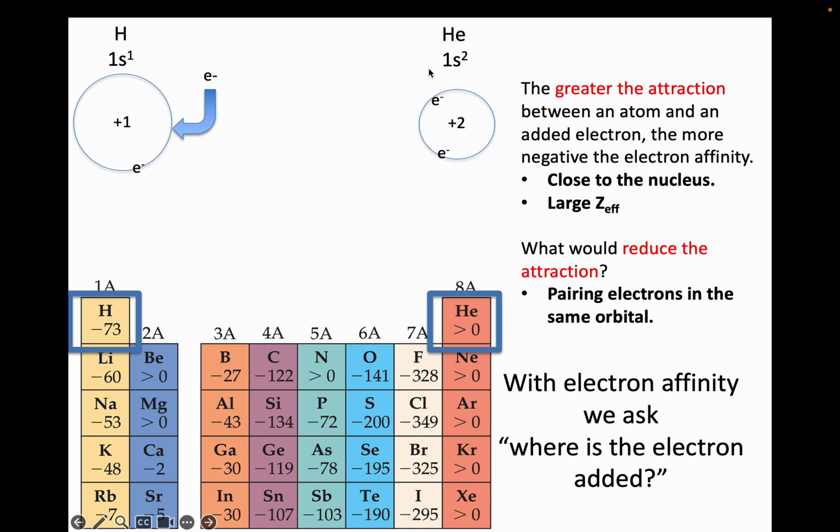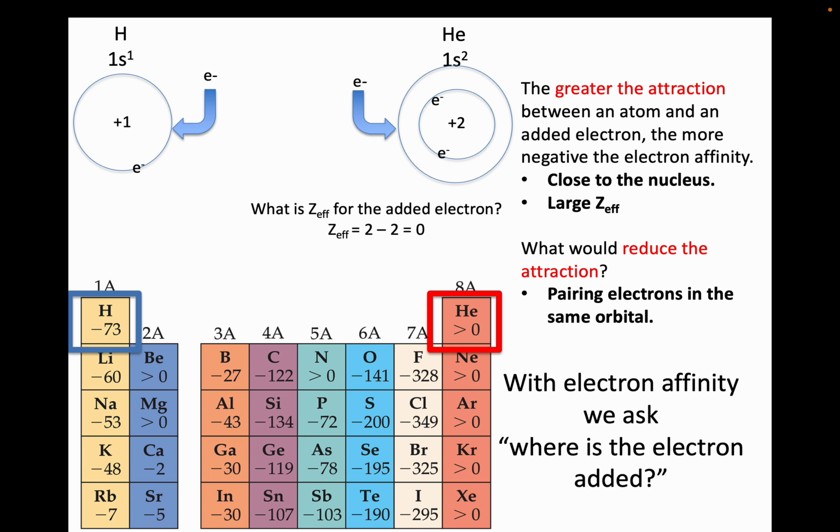How about for helium? The two electrons initially there are close to the nucleus, but if I add an additional electron, it can't go close to the nucleus because I've already filled up the 1s. It has to go farther away and fill up the 2s. Farther away from the nucleus, that's not going to lead to a strong attraction.